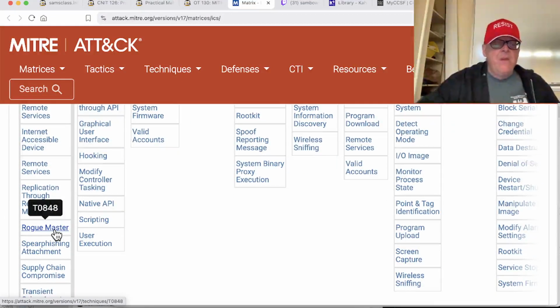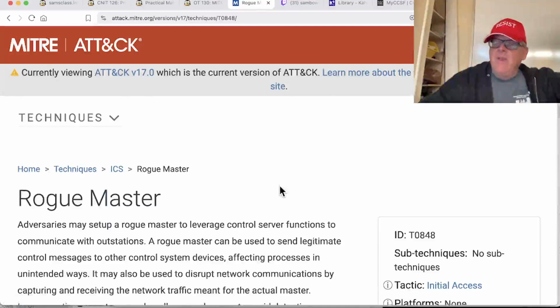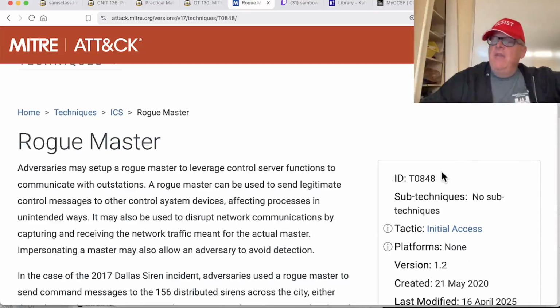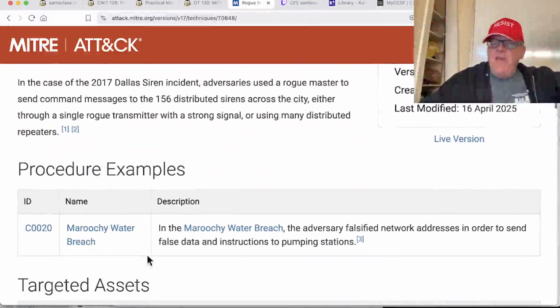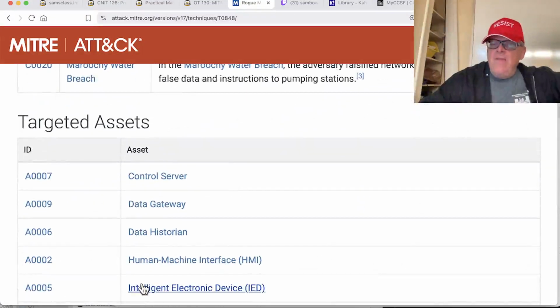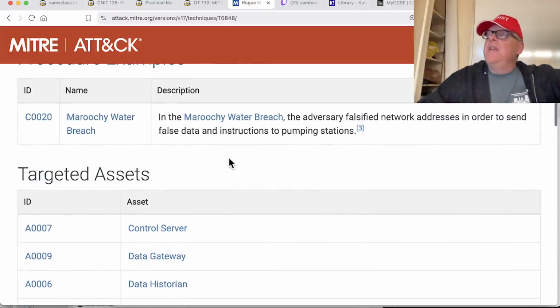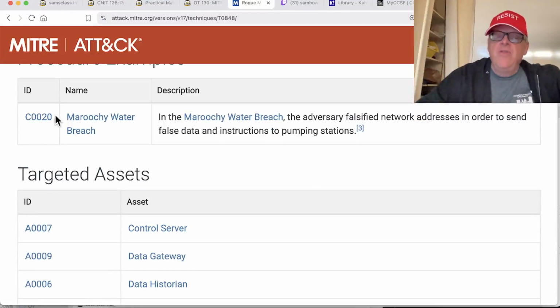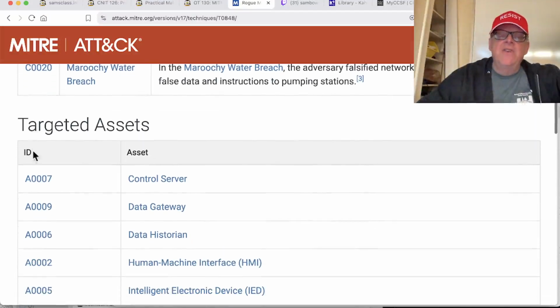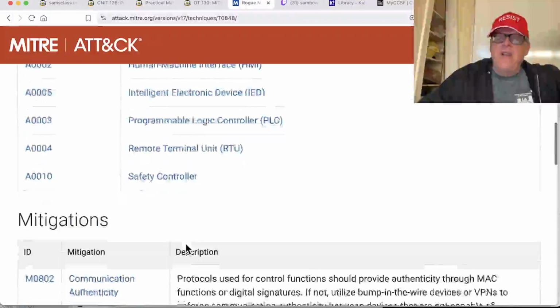Here it is. And if you click on that, it'll explain to you the technique, it will have an identifying number for the technique, and it will then give you examples of when this was actually observed and what kind of assets it attacks. And notice everything is numbered. So there's a number for the threat actors that did bad things. There's a number for all the types of assets it attacks.